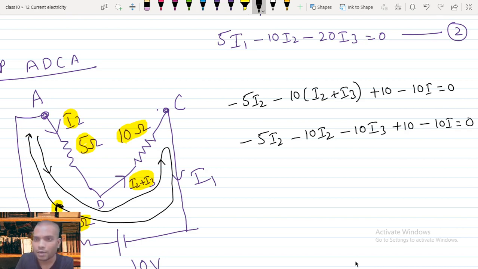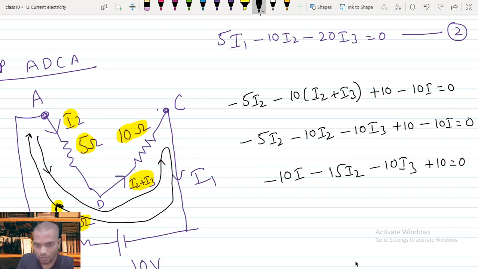If I take out minus common and rewrite this equation, I get minus 10I minus 15I2 minus 10I3 plus 10 equal to 0.